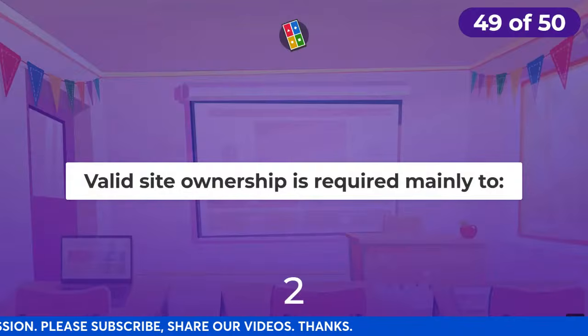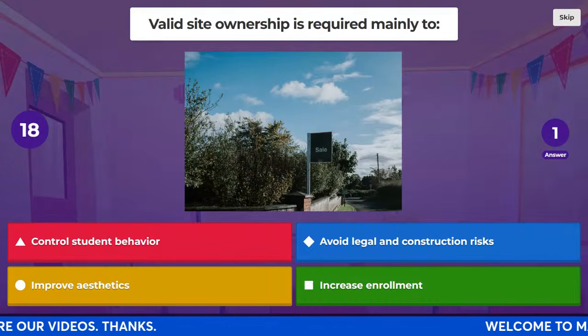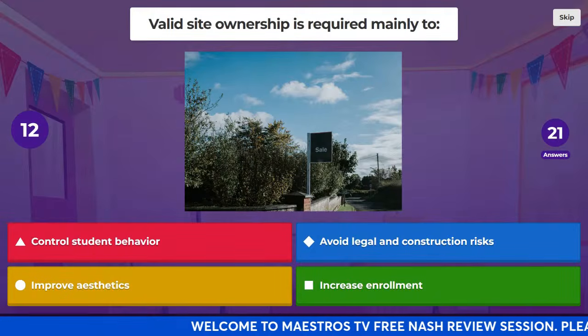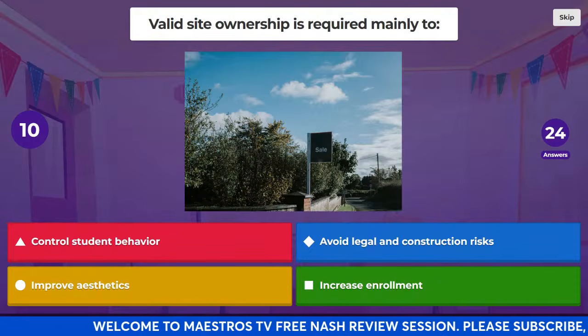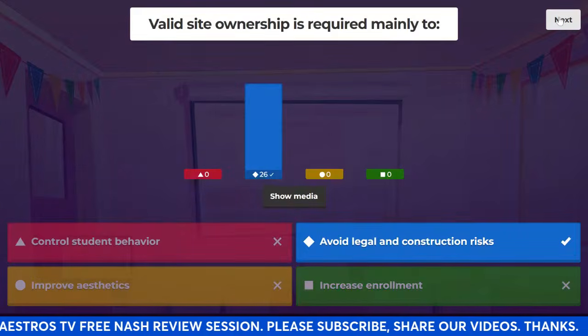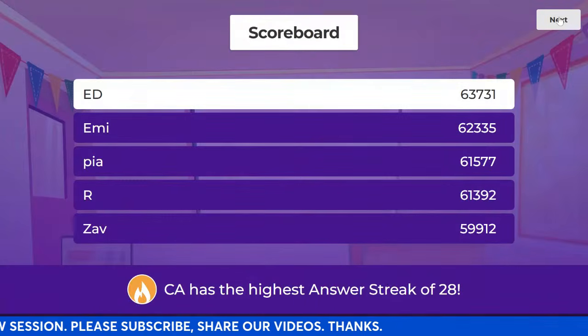49. Valid site ownership is required mainly to avoid legal and construction risks. Ed, Emmy, PR, and Zav.